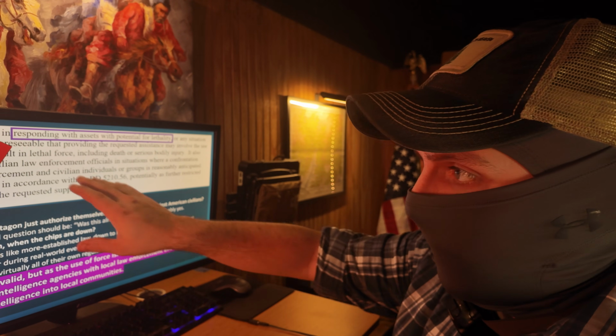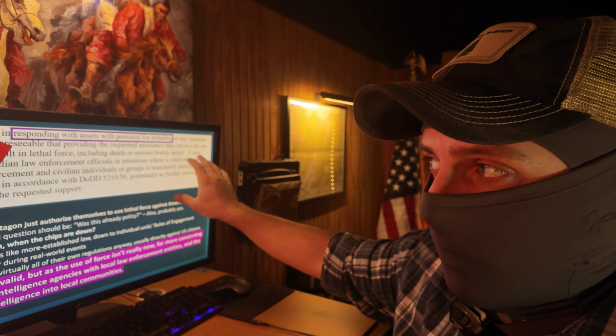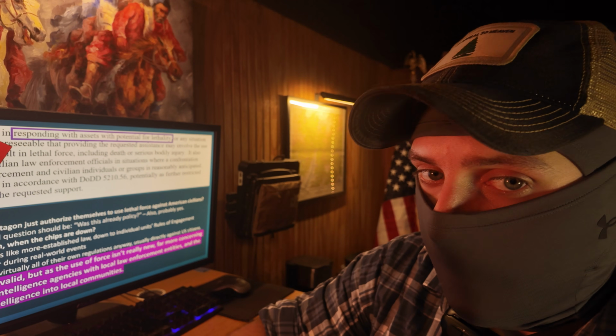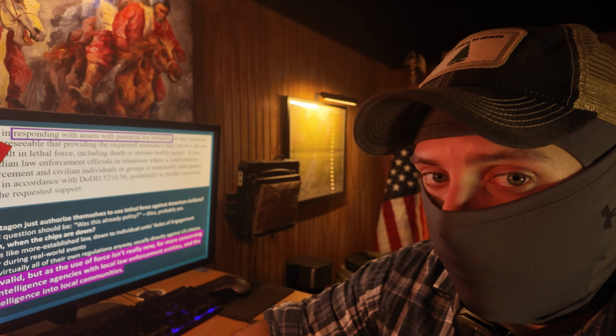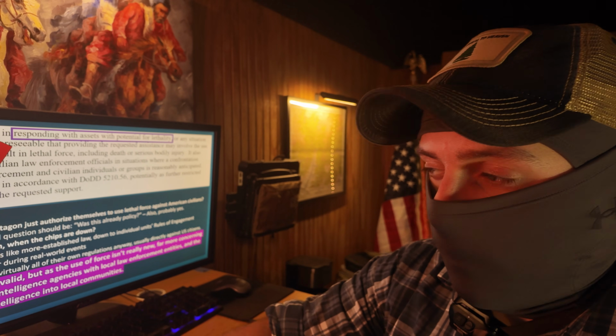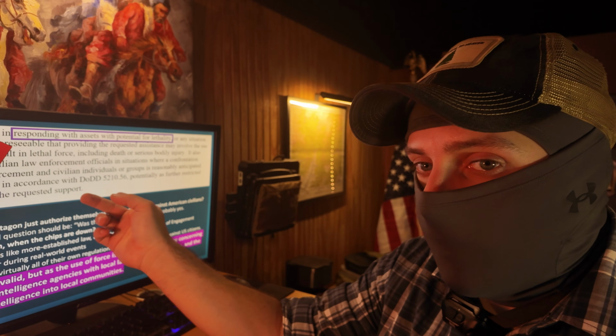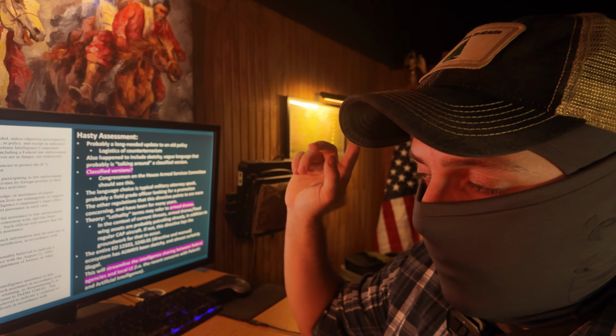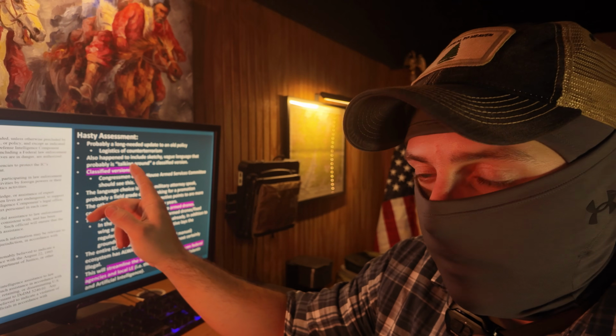A lot of people are hung up on this section here, the responding with assets with potential for lethality, because they probably did a Control F for the word lethal and found it in the document, and now they're freaking out. But they didn't read the whole document, or they just skimmed it, and they don't understand how DoD directives work. So let's go back to what I think happened.